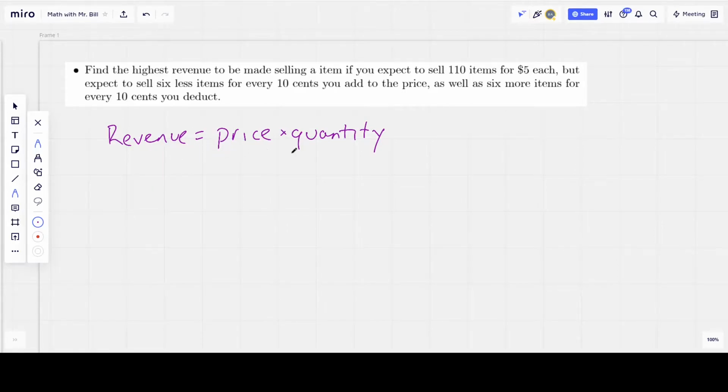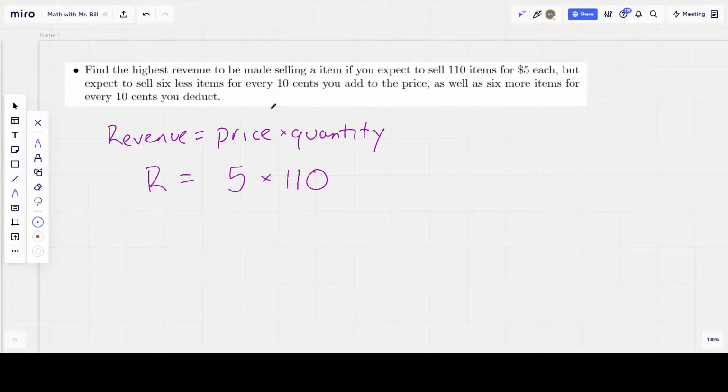So with what we're given, we can say that the revenue, which we'll just call R, is equal to the price, which is $5, times 110. So right now, if you sold all of your pieces for the amount that you're asking, you'd make $550.